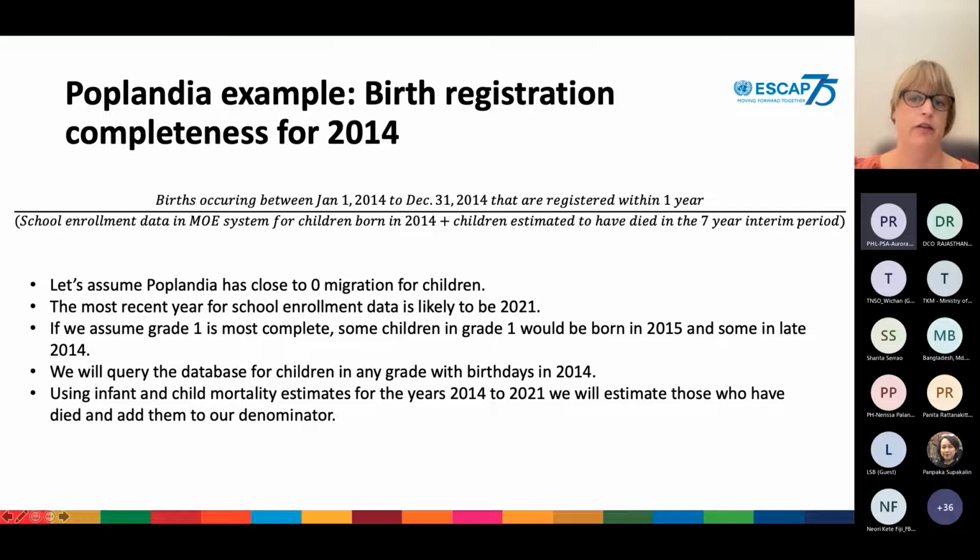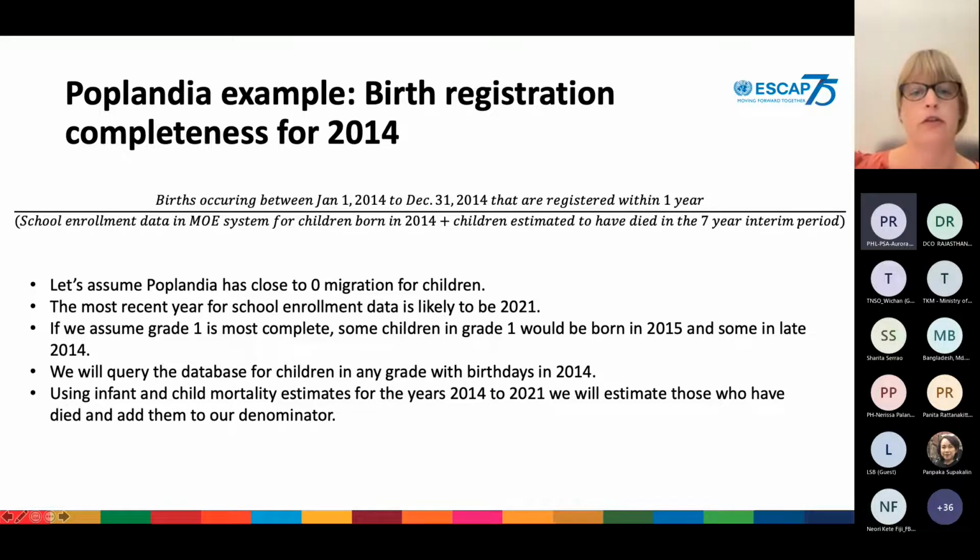And so even though it's a bit dated, this is the best that we have in this situation. So this is what we're going to work with. And again, we're going to make the assumption that our country has zero migration, because that would affect those. We have to think about those reverse survivals. And if there's a lot of migration in our country, that assumption isn't going to work for this kind of model.